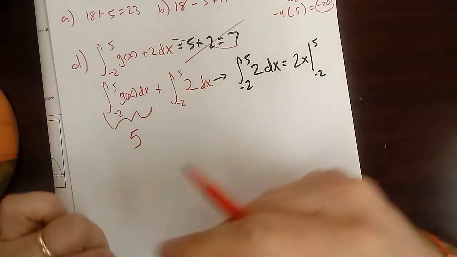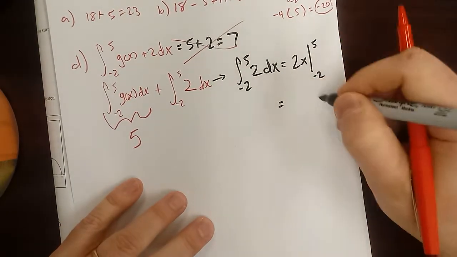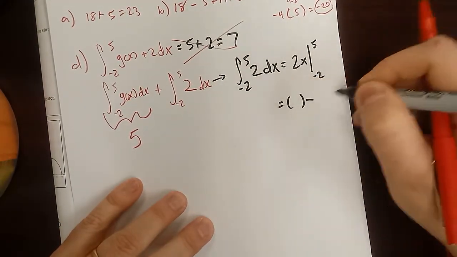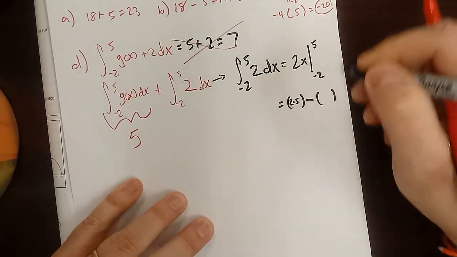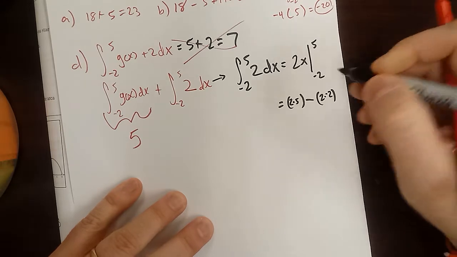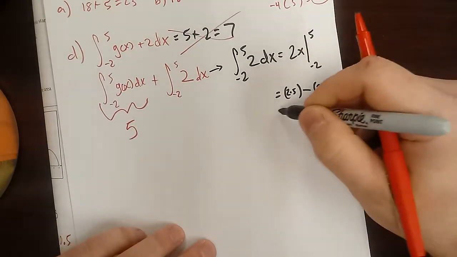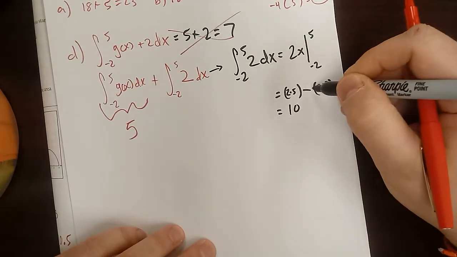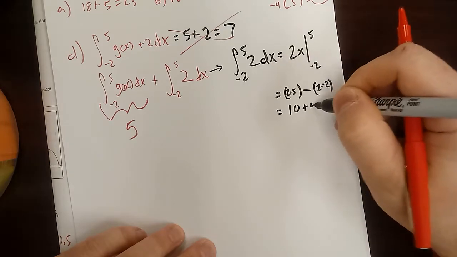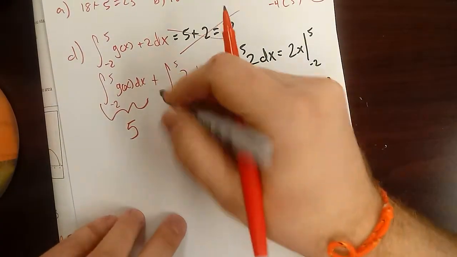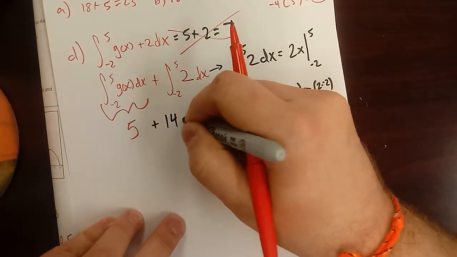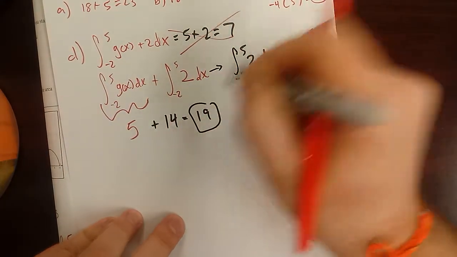Now all we do is plug in the 5 and plug in the -2. And we get 10 minus -4, so plus 4. So this is 14. So 5 plus 14, and so our answer is actually 19.